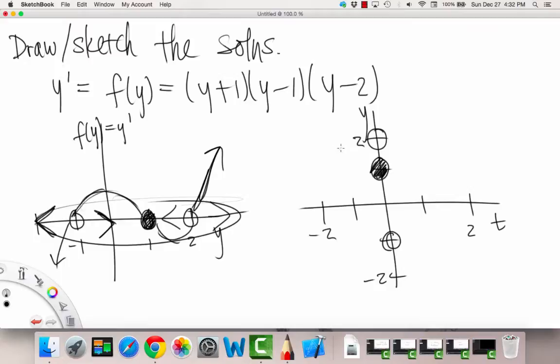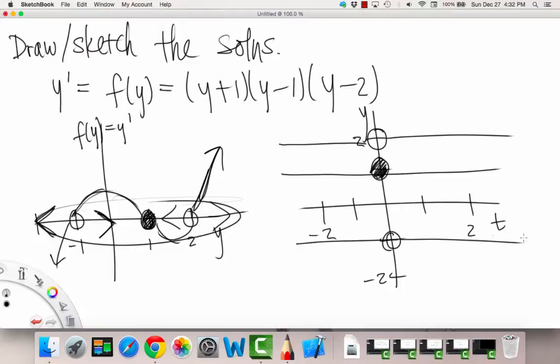Then we draw horizontal lines through each of those points, and the reason is that, remember, these equilibrium points are where our slope is 0, where y prime is 0. So all the way across, our slope is going to be 0. That's formulating or drawing the grid for our graph here.